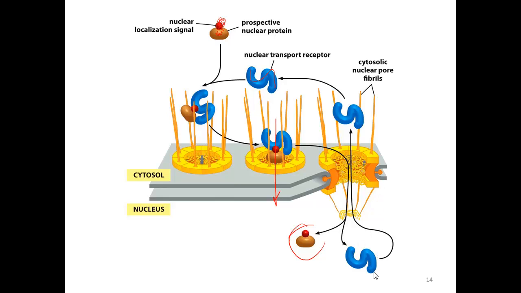Now, without cargo and going in the direction, shuttling back out to the cytosol for another round of import, which is not its energetically favored direction, it's going to hydrolyze a GTP molecule to power the transport, completing the cycle out into the cytosol.